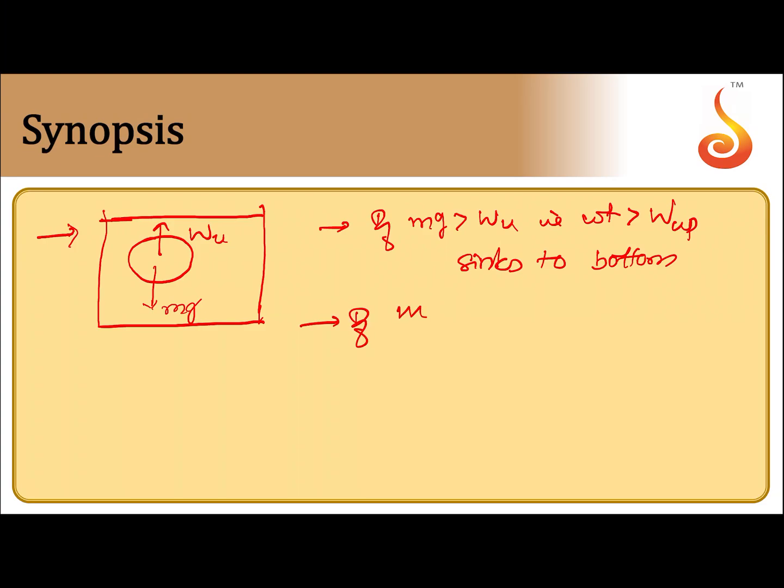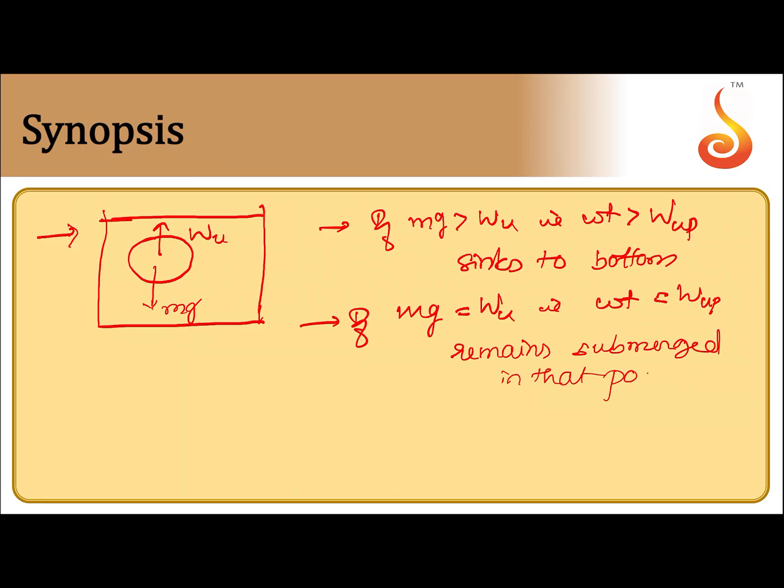Suppose mg is equal to upthrust, that means its weight is equal to upthrust, then the object is already in equilibrium and it remains submerged or immersed in that position. It doesn't move up or down.